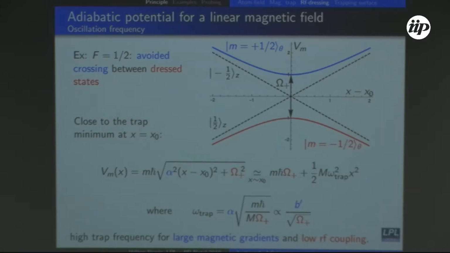Yes? So yes, you have to estimate that, and this is a difficult point, to really estimate the non-adiabatic losses. I will show you this at the end if time allows. You can estimate, for example, in Landau-Zener theory, you find that there is an exponential of minus coupling squared divided by gradient.